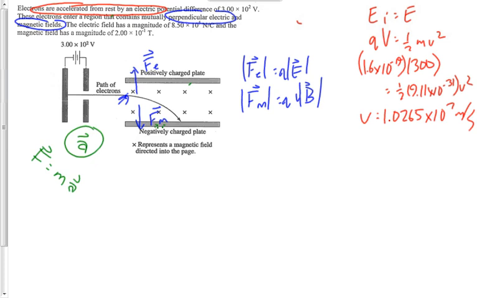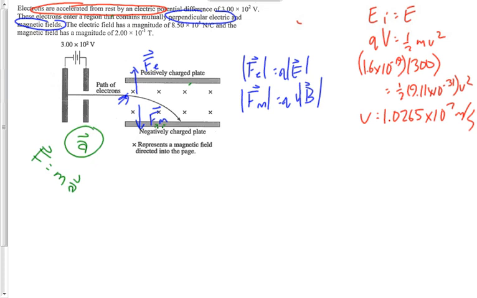Got a speed. How's that helpful to me? Well, the first thing that Simon spotted was this whole electric force and magnetic force, right? The magnetic force depends upon speed, right? So that's probably where we're going to go with that. We just got the speed of the electron. Simon said we're going to need to find the magnetic force, which depends upon the speed of the electron. So maybe let's do that. But you know what?